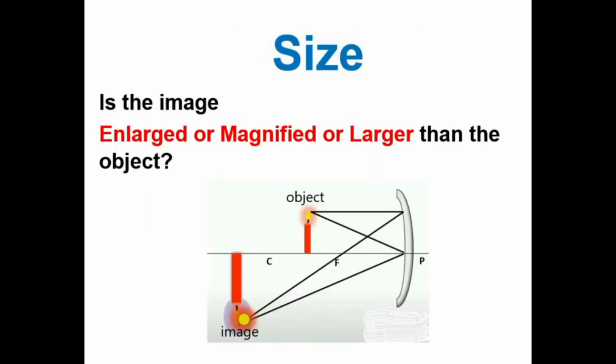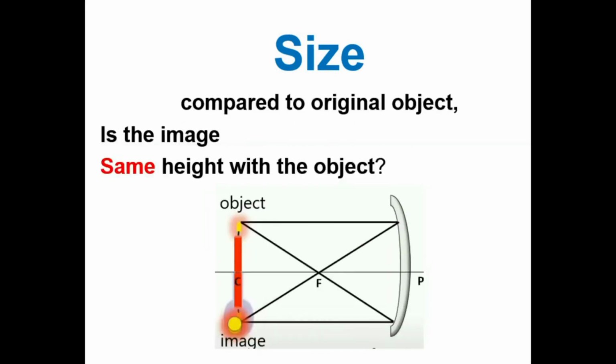Size. What is the height of the image? We compare the size or the height of the image to the size of the object. It can be the same, which means the height of the image is the same as the object.